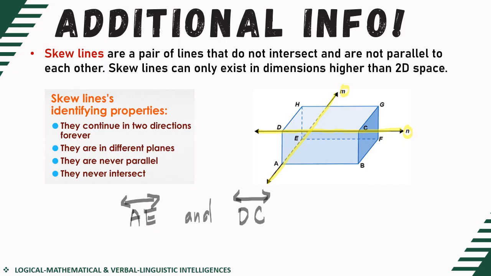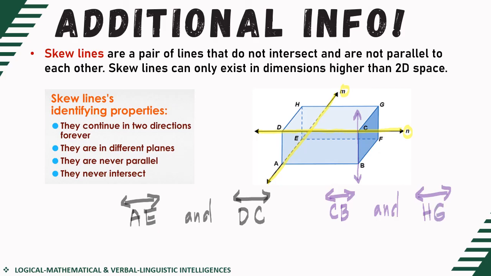But of course, I'm going to give another example. Let's say we have line CB. Think of a particular line which is considered a skew line with line CB. I am referring to this portion. So line CB and, let's say, line HG.